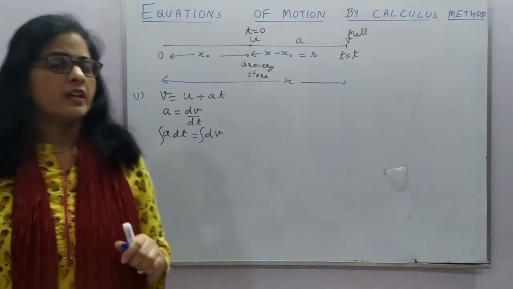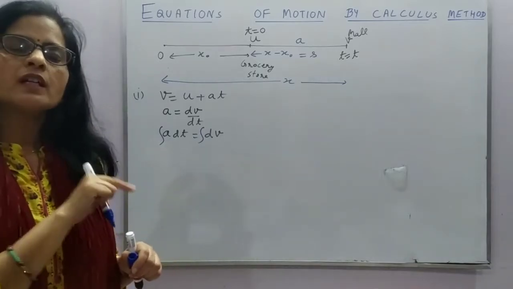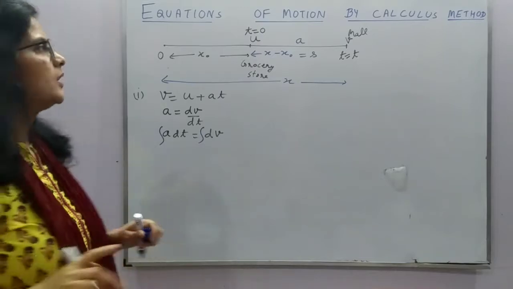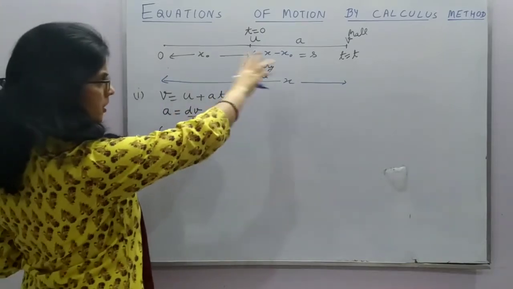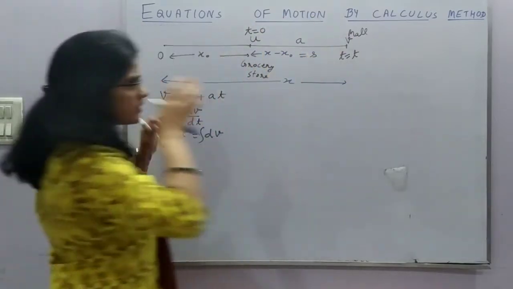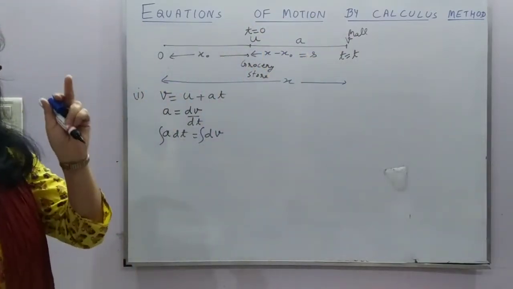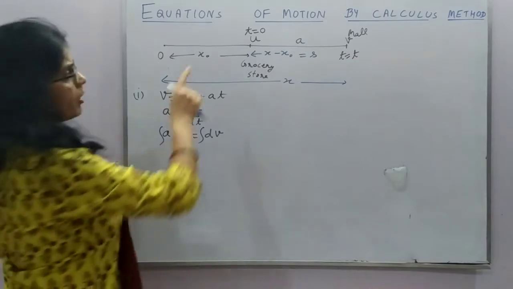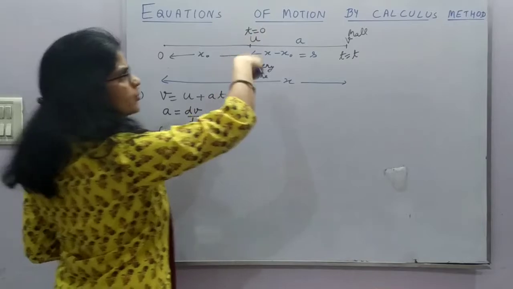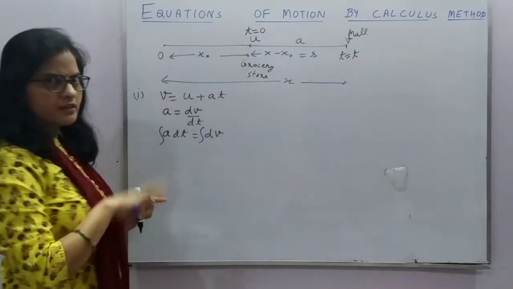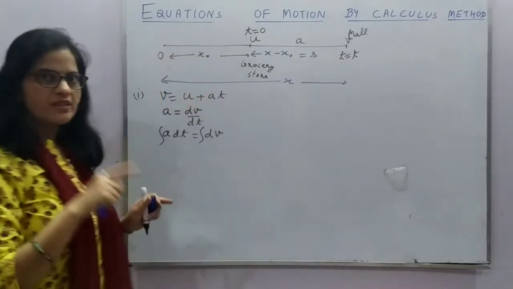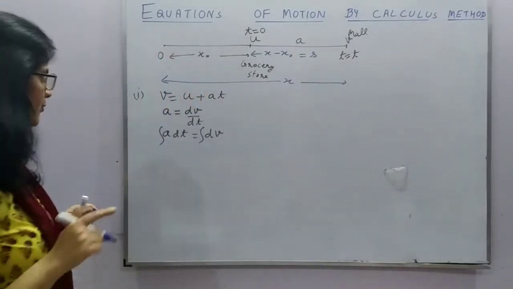Now, one very important thing, here we are using definite integral. Why definite integral? Because we are using this journey, and in this journey 2 points are important. So we are limiting our observation from time 0 to time t, initial velocity u to final velocity v, and distance travelled from 0 to complete distance travelled during this duration s, right?